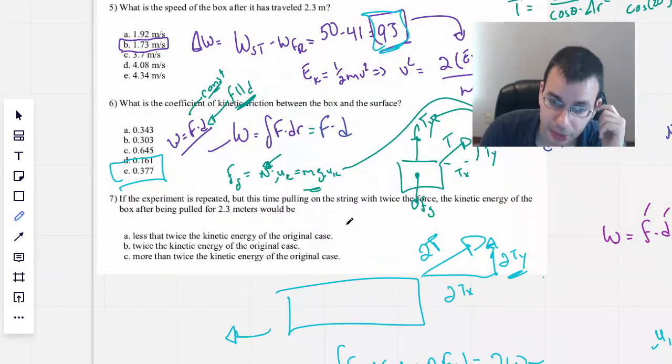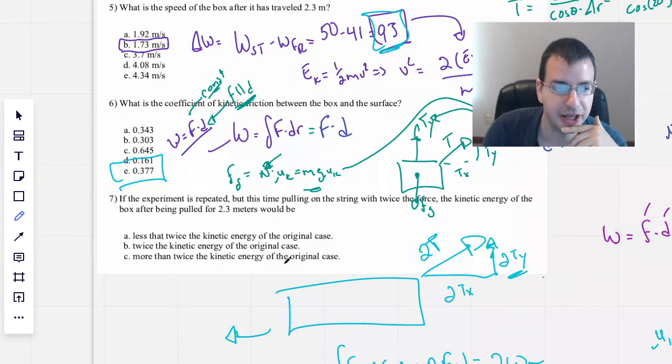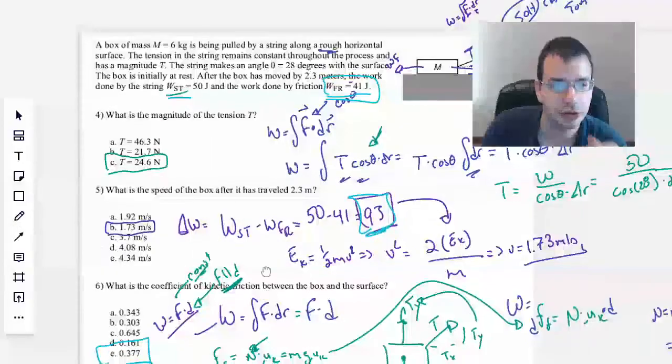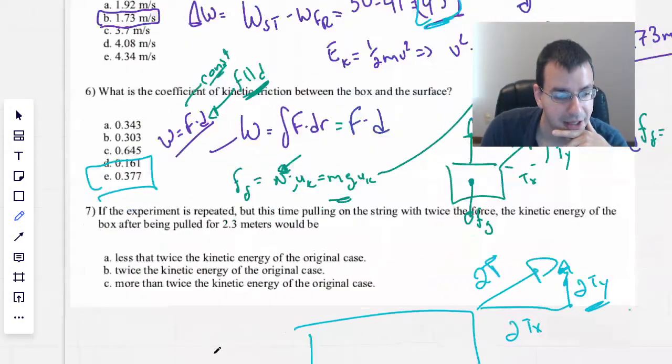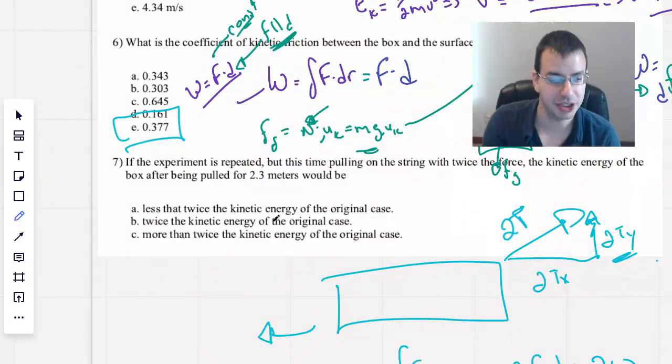So, the experiment is repeated, but this time pulling the string with twice the force, the kinetic energy of the box that we pulled for 2.3 meters, which was our normal amount, would be more than twice the kinetic energy of the original case.